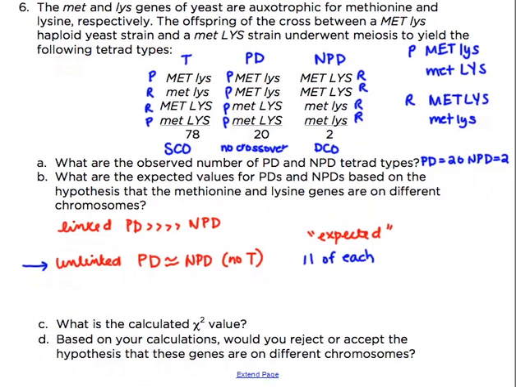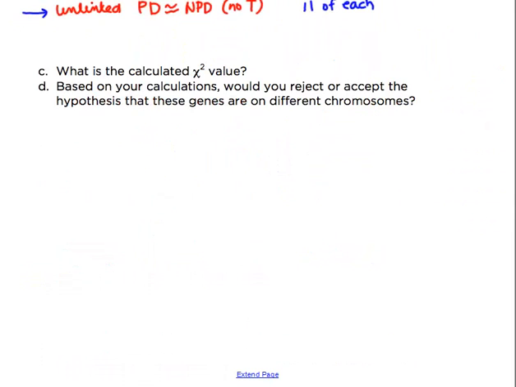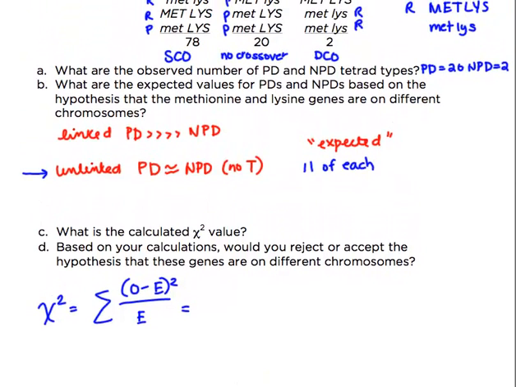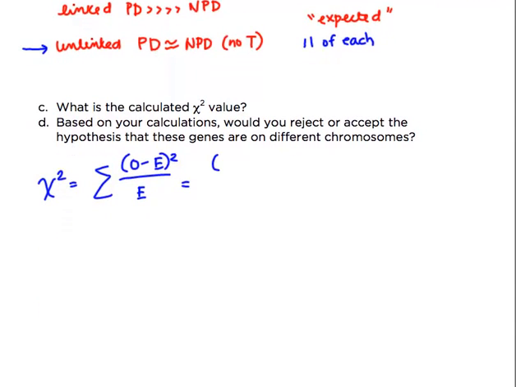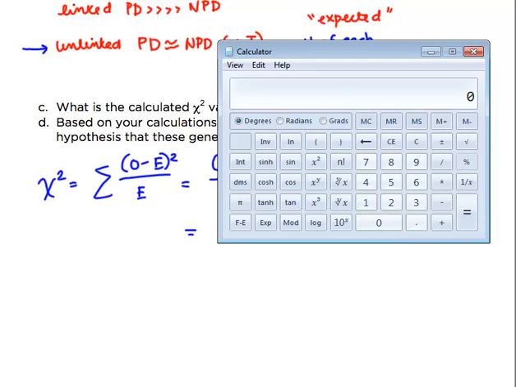So part C, what is the calculated chi-square value? Remember that chi-square is the summation of observed minus expected squared over expected. So for the first class, parental ditype, we observed 20 and we expected 11. For the second class, we observed 2 and expected 11. So let's do these calculations. We have 20 minus 11 is 9. 9 squared is 81.